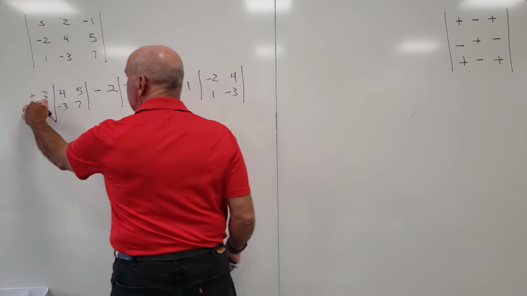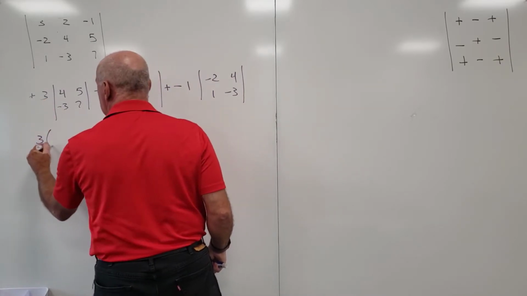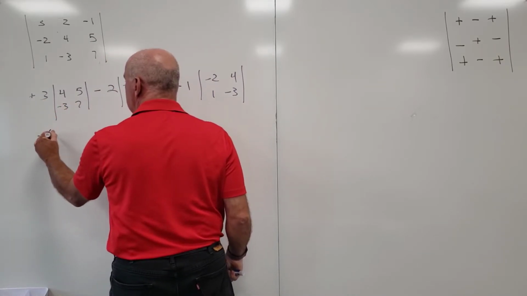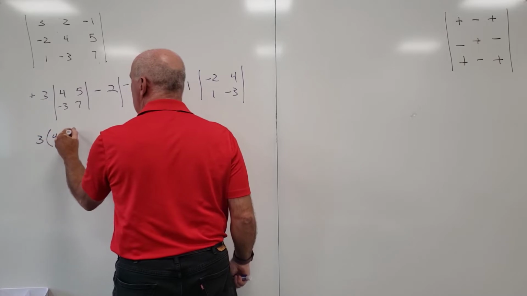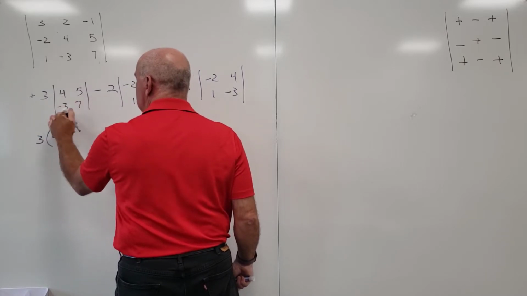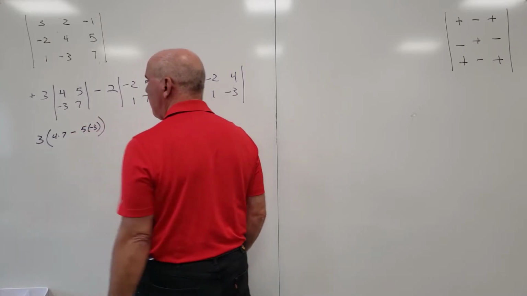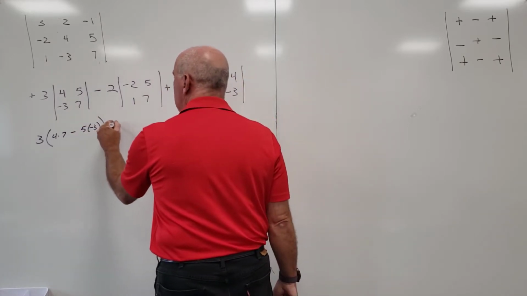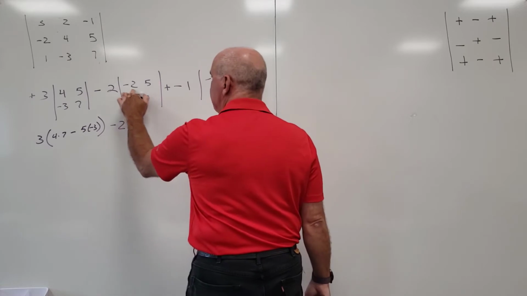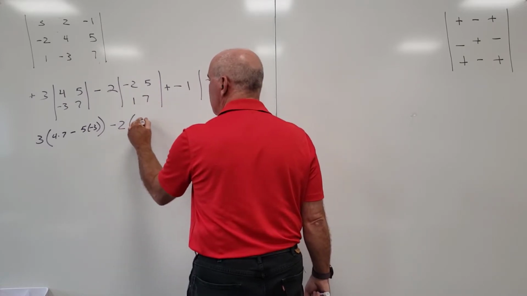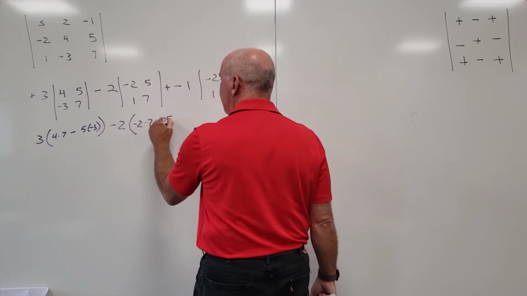So what do I get? Positive 3, so I'm just going to say 3 times (4 times 7 minus 5 times -3). Subtract 2 times (-2 times 7 minus 5 times 1).